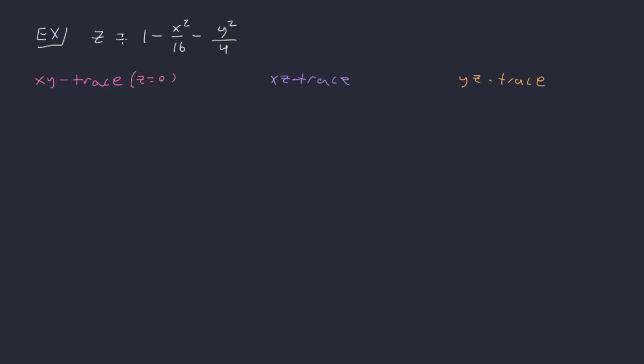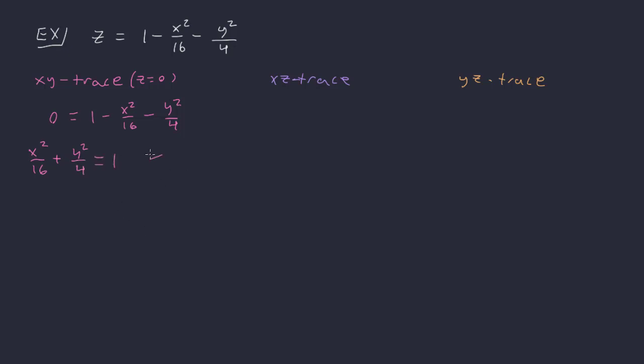So I'll plug that in and get 0 is equal to 1 minus x squared over 16 minus y squared over 4. Okay, what I'm going to do is move these negative guys over to the other side to get x squared over 16 plus y squared over 4 is equal to 1.